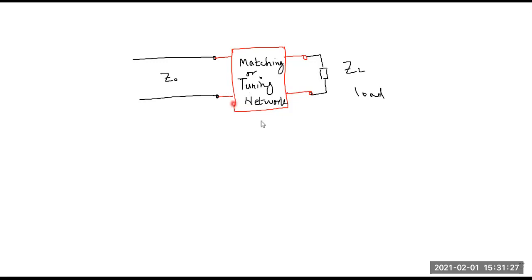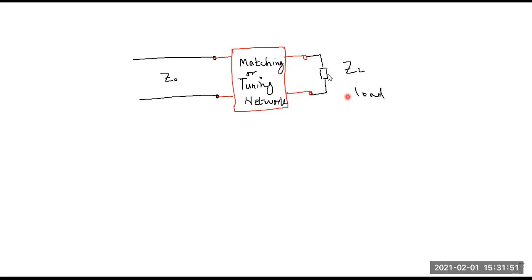So we are going to understand what is the role of this network that we have connected between the load and the main transmission line. From a broader perspective, I have connected this circuit so that our circuit becomes matched.